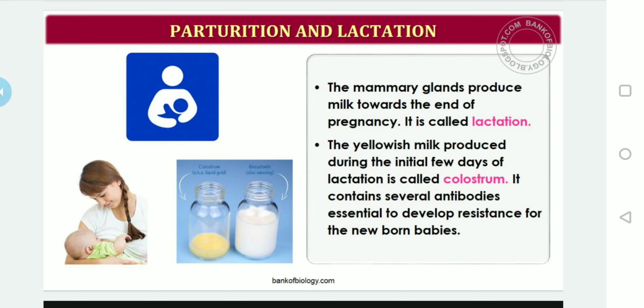Then we discussed the mammary glands and gametogenesis, which includes two types, spermatogenesis and oogenesis, the whole process and mechanism. We also discussed the menstrual cycle, and fertilization and implantation. And in this class we completed the topic of pregnancy and parturition, isn't it?